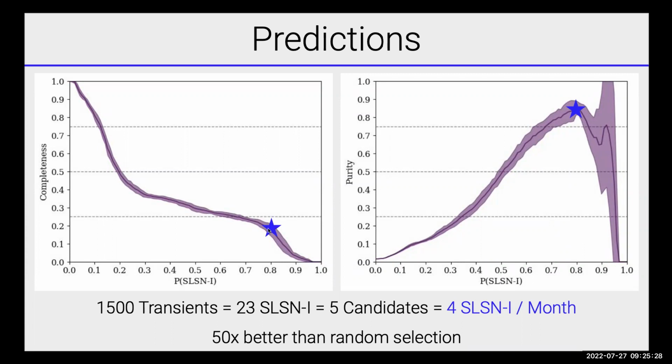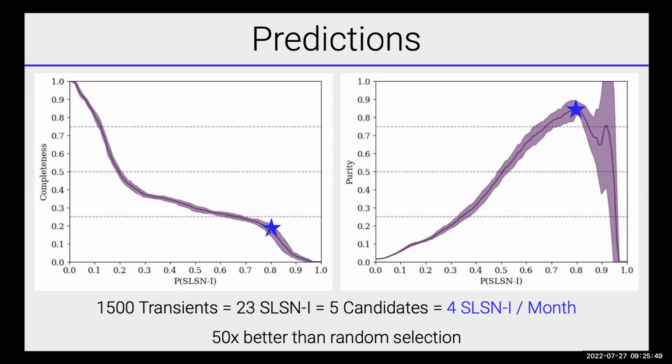But that is fine, given that we're observing like 1,500 transients a month from ZTF and other surveys, which translates, given the expected rate of superluminous supernovae, this completeness and this purity, to around 4 superluminous supernovae we could find a month, which is around 50 times better than just the 1.5% random selection.